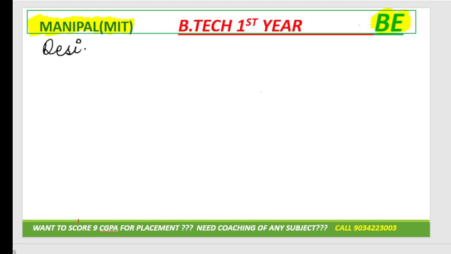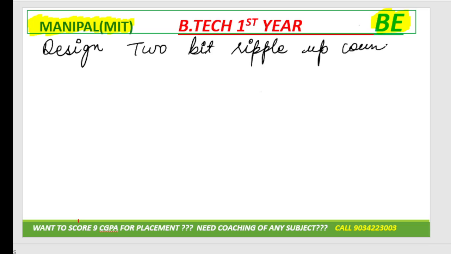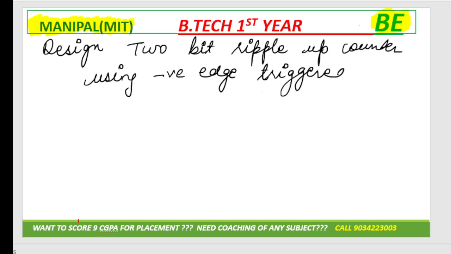Similarly, like: design a 2-bit ripple up counter using negative edge triggered JK flip-flop. ठीक है?